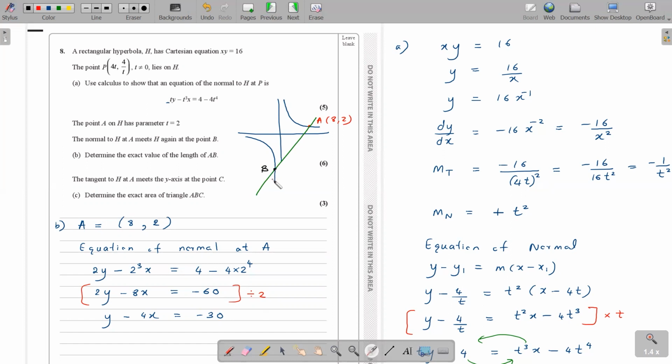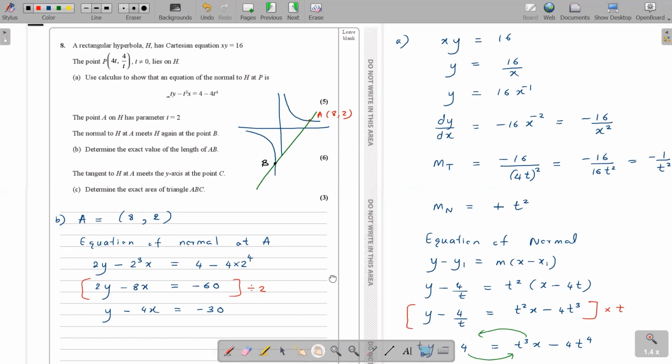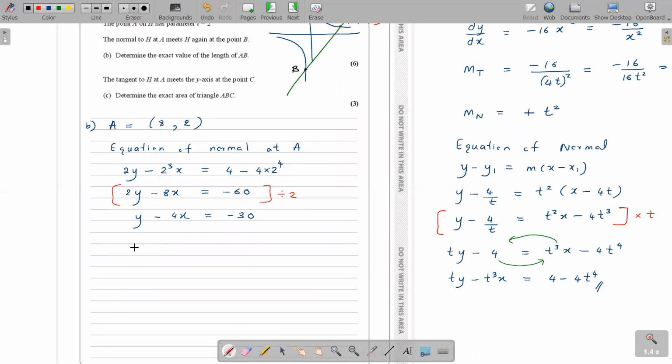How do I get the point B? Because they ask us to get the exact value of the length of AB. So before going for the length of AB, how do I get the point B? Yeah, so we have to solve the equation of the normal with the equation of the rectangular hyperbola. So solve this with xy equals 16. Shall we make y the subject here?